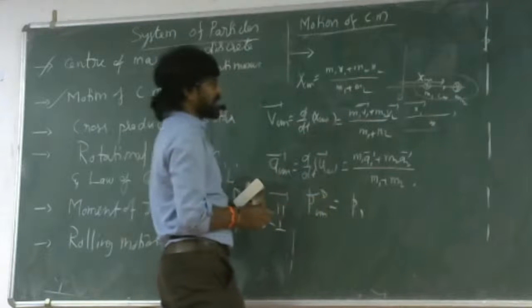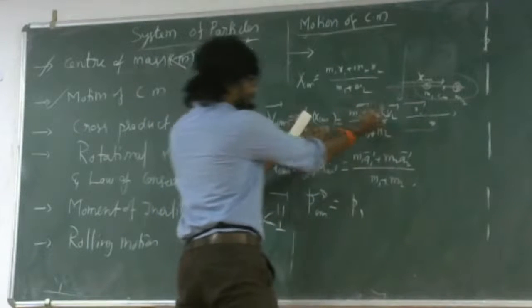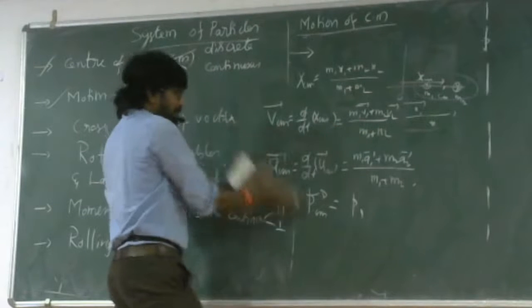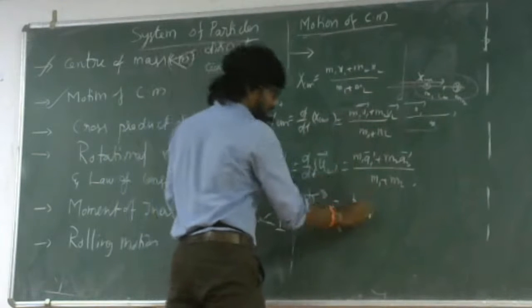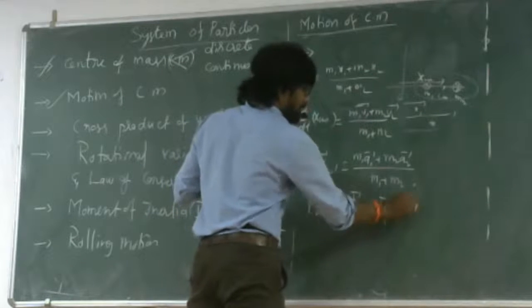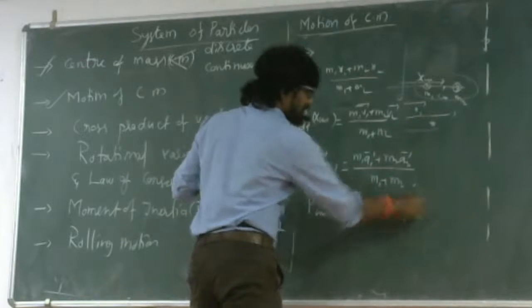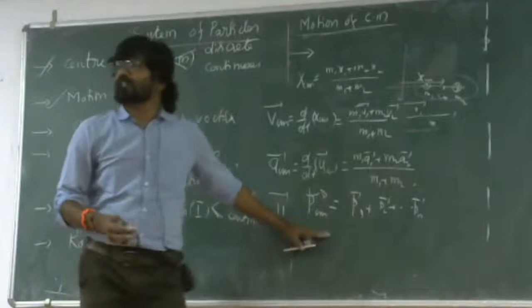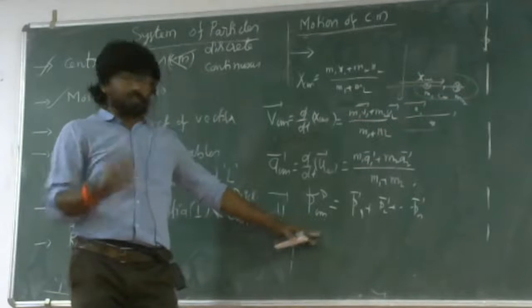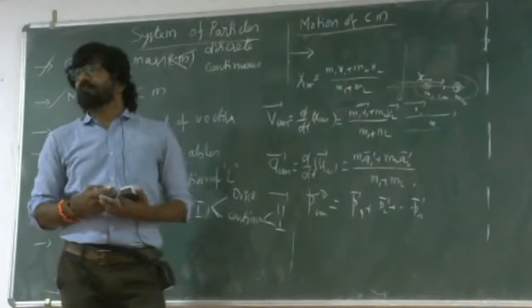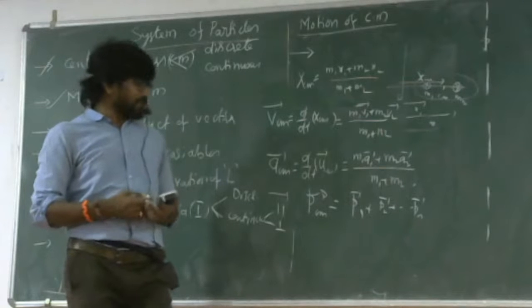From this itself, if you multiply the total mass into VCM, it gives PCM equal to m1 v1, which is p1 vector, plus m2 v2, which is p2 vector, plus so on plus pn for n particles. So the momentum of the center of mass is the vector sum of the momenta of the individual particles.